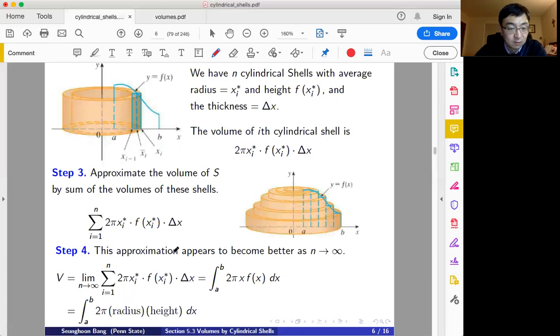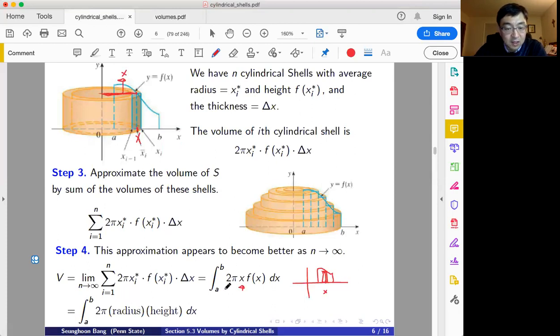So what does it mean? Why is this true? Let me see. The previous one has this kind of region. This is x. You make a rectangle and rotate this rectangle. We have a cylindrical shell. This is the point x. So the radius of the cylindrical shell is this length, x.